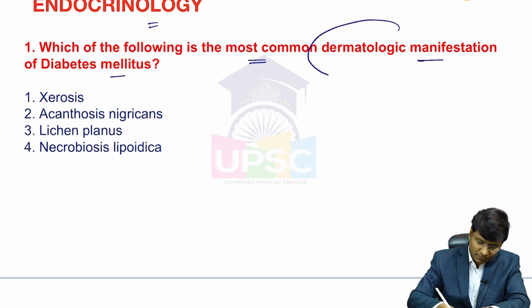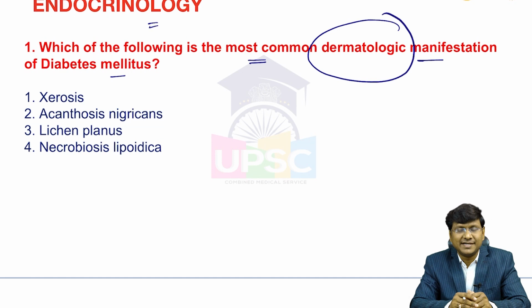So you take the complications in diabetes mellitus, like we have the microvascular complications, macrovascular complications and avascular complications. So these are the chronic complications. And we have the acute complications in diabetes mellitus, that is diabetic ketoacidosis and as well as the hyperosmolar non-ketotic coma, right?